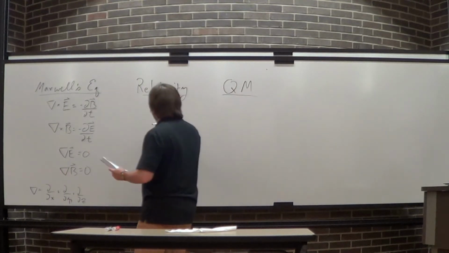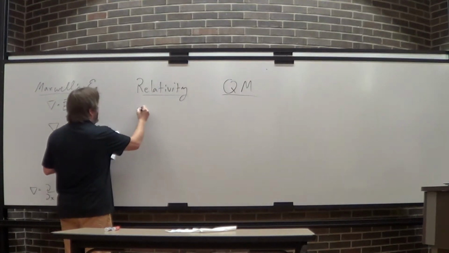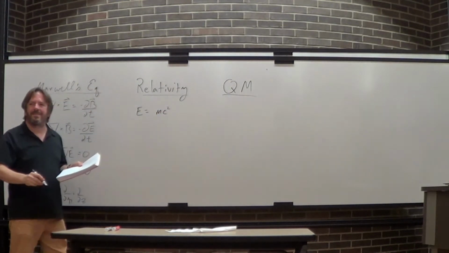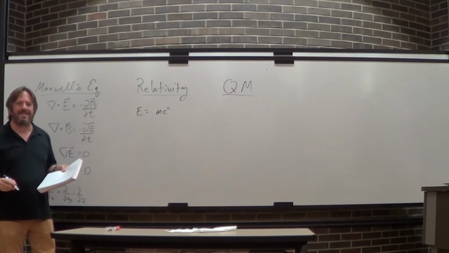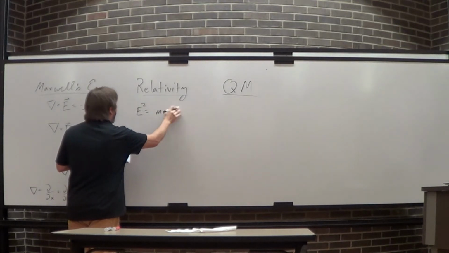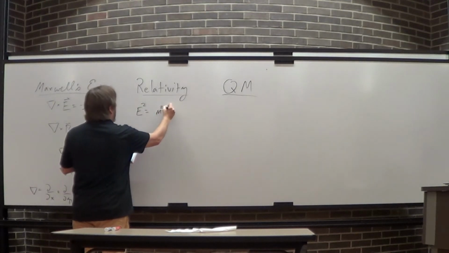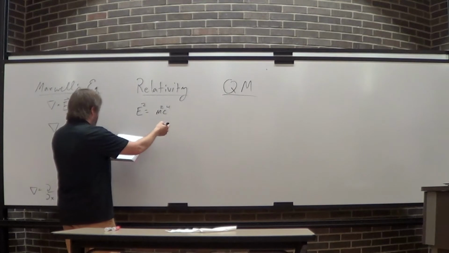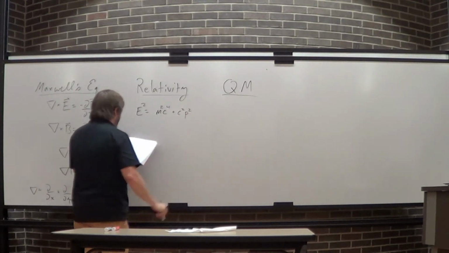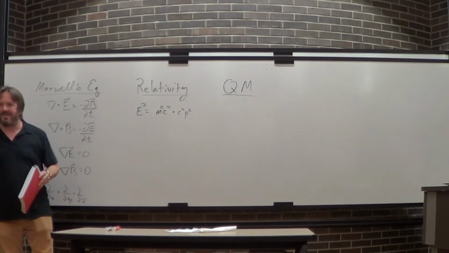Okay, the theory of relativity is E equals mc squared, right? We already played this game. Yeah, he was in my class. That is not what Einstein derived. That is actually wrong. E squared equals m squared c to the 4 plus c squared p squared. That's the actual equation.